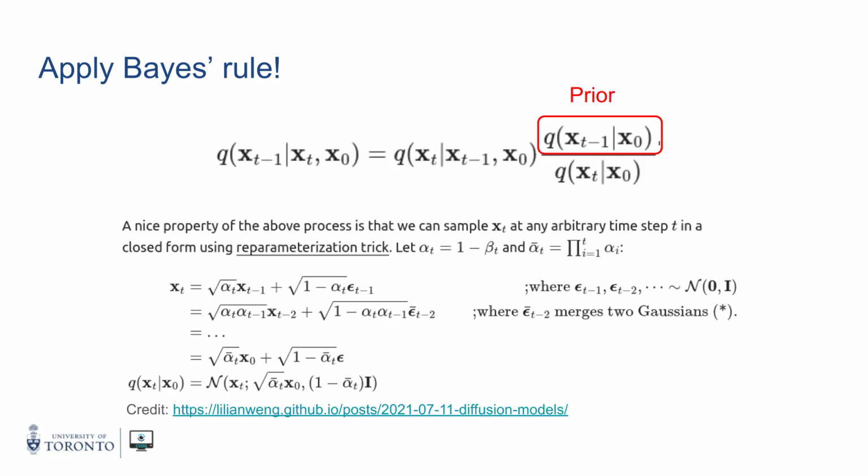Now, in order to show that our prior is Gaussian, we apply this several times, up to t times. We're going to apply this same trick. It's called the reparameterization trick. If you've ever taken a deep learning course with VAEs, this might ring a bell.